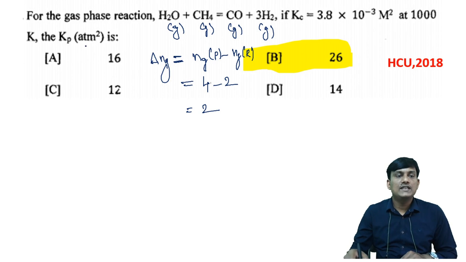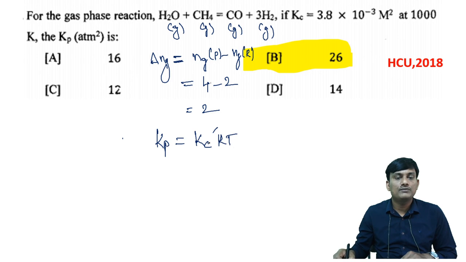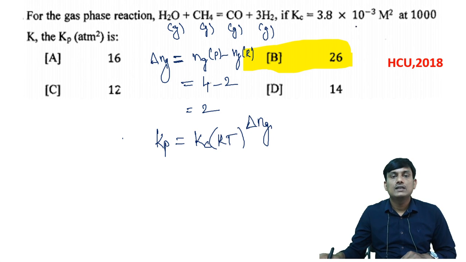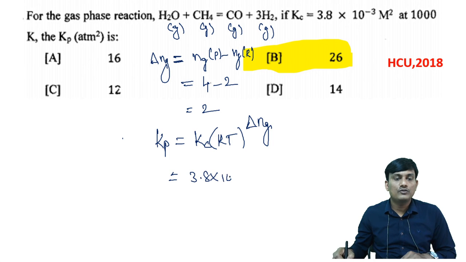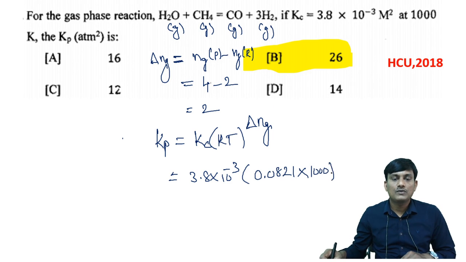We know the relation between Kp and Kc. Kp is equal to Kc RT power of delta Ng. So here Kc is given. Kc is 3.8 into 10 to the power of minus 3. RT value, it should be in liter atmosphere. 0.0821 liter atmosphere mole inverse Kelvin inverse, and the temperature is given, it's 1000.